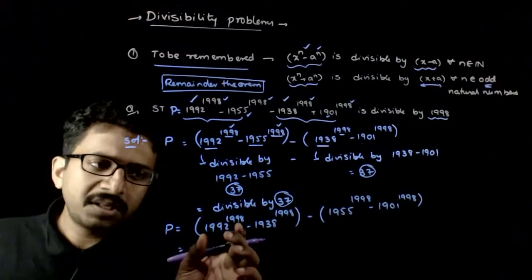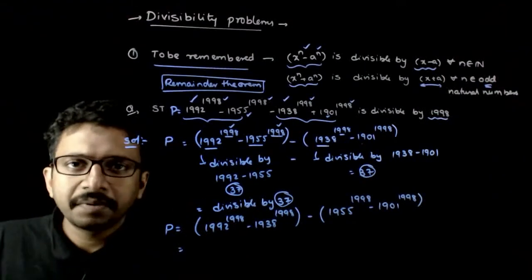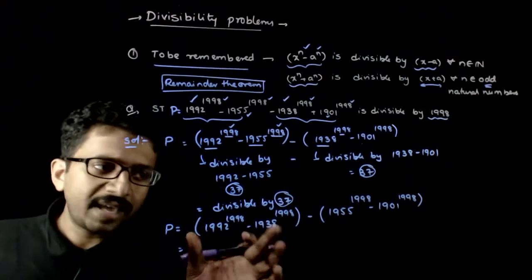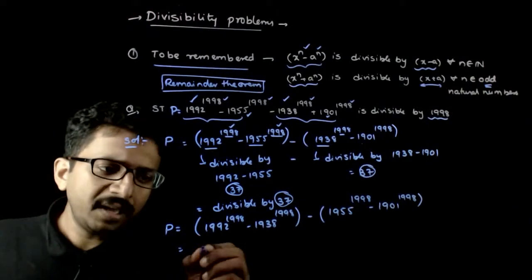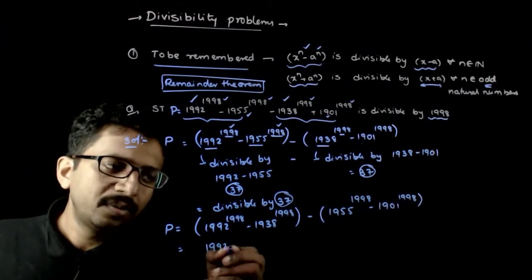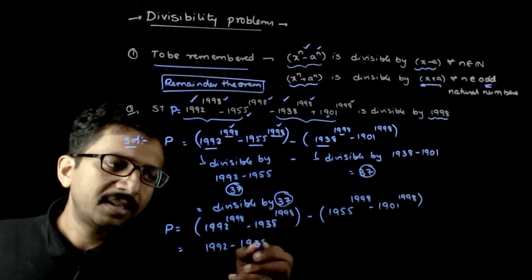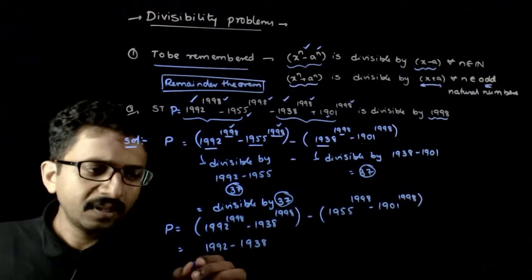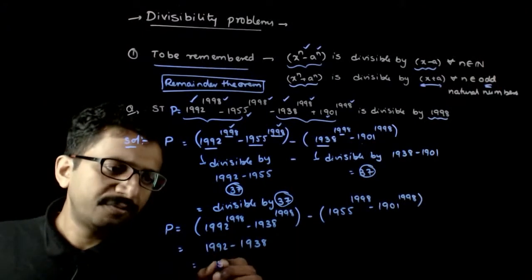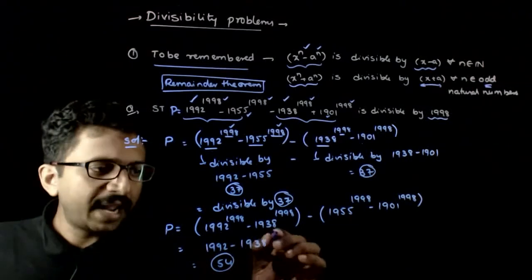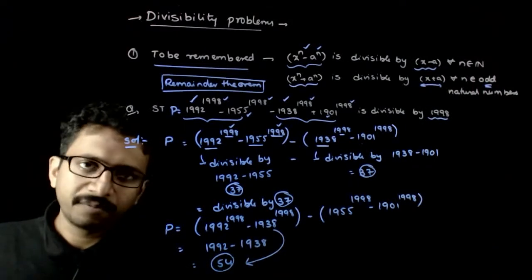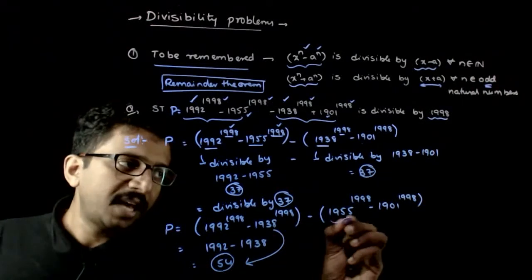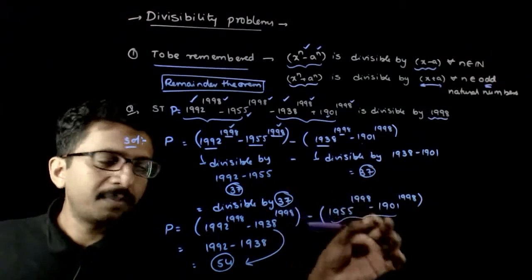Now this is also of the form x power n minus a power n. So this bracket is divisible by 1992 minus 1938, that is equal to 54. That means this bracket is divisible by 54. And if you take the other bracket, this is also of the form x power n minus a power n.